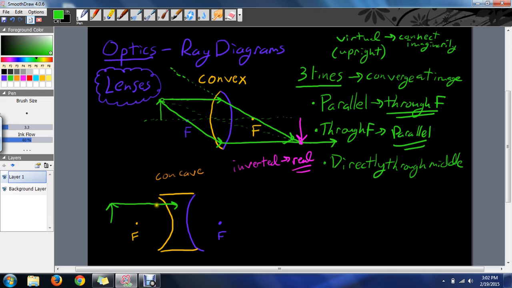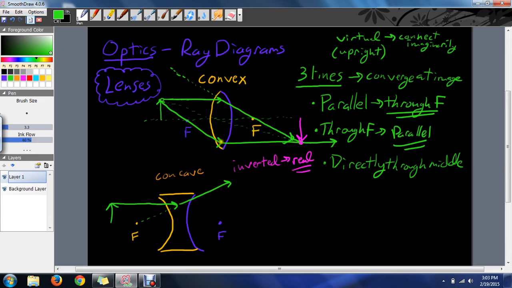And as you'll do for homework, you'll show how it intersects with this boundary and this boundary. Notice I'm not worried about those details because I know the net result is a divergent ray that extends back to the focus. You can almost say like it hits the middle of the lens and then moves out.